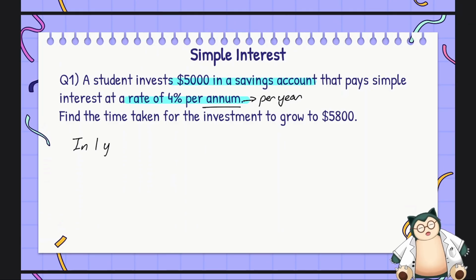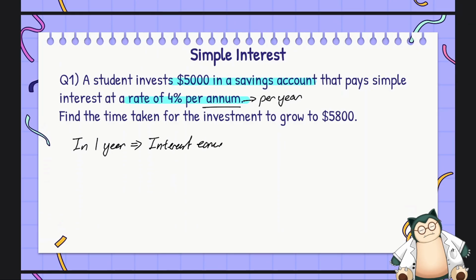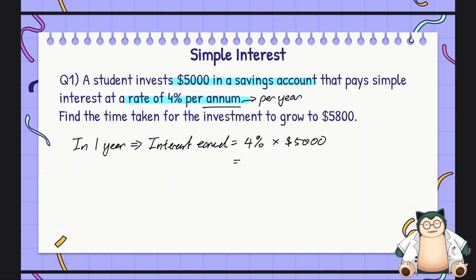In 1 year, the interest earned would be 4% of $5,000. You type in the calculator 4% of $5,000, and you will get $200.